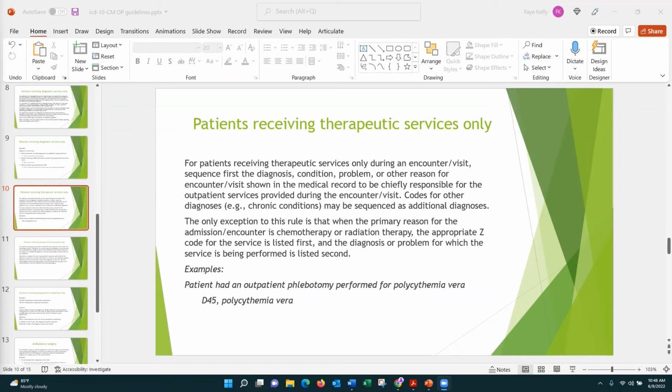So you may have instructional notes that tell you to code symptoms, and those symptoms are not in the R category. So yes, there may be symptoms in other categories. Okay, thank you. You're welcome.